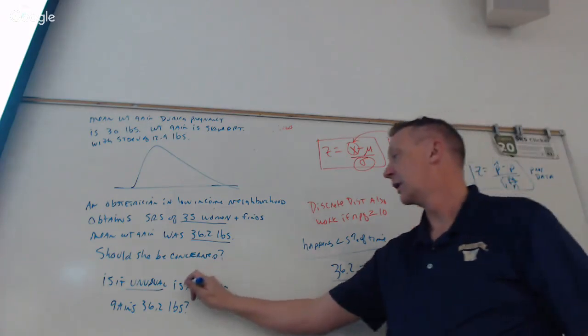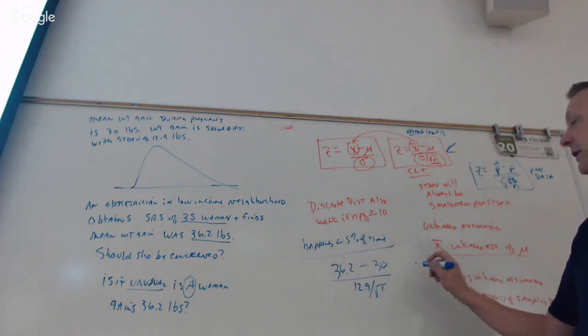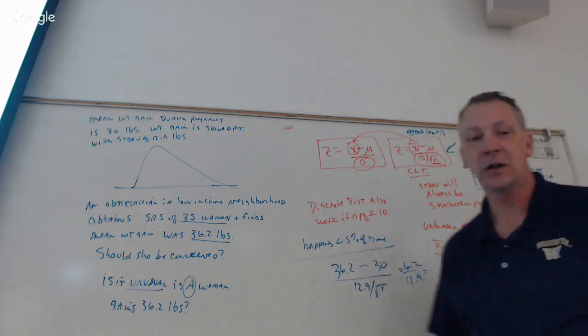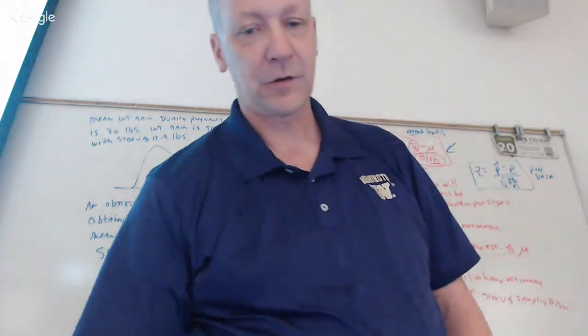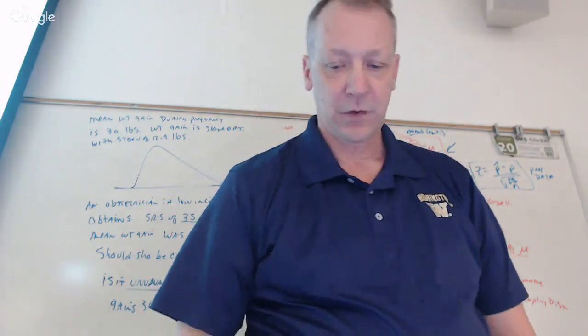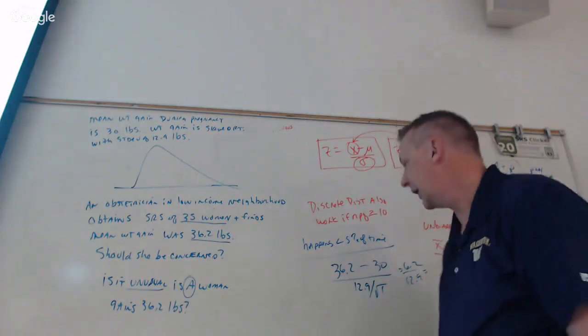A woman, which would be 1. Okay? All right, so this gives me 6.2 divided by 12.9, and that equals what? That equals 0.48.